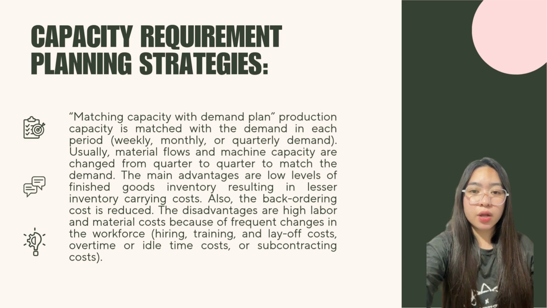Also, the back ordering cost is reduced. The disadvantages are high labor and material costs because of frequent changes in the workforce, like hiring, training and layoff costs, overtime or idle time costs, or subcontracting costs. So, in short, you adjust how much you produce based on what customers need every week, month, or quarter.